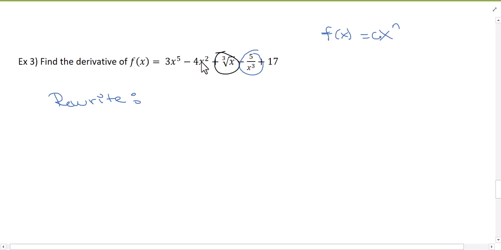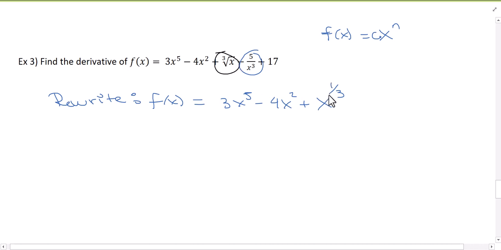In this case, these don't look like polynomials, so I want to make them look like the general power rule. So I'm going to have f of x is 3x to the fifth minus 4x squared. Those don't need to be rewritten. But then this one needs to be rewritten. So it's plus x to the what power? This is the cube root of x, so that will be x to the 1/3.